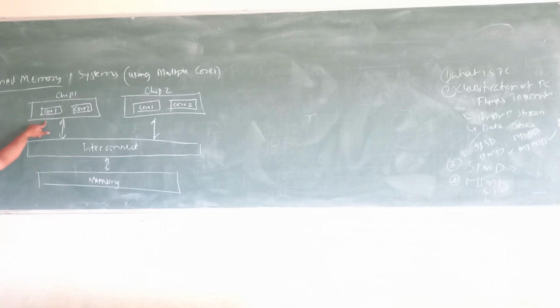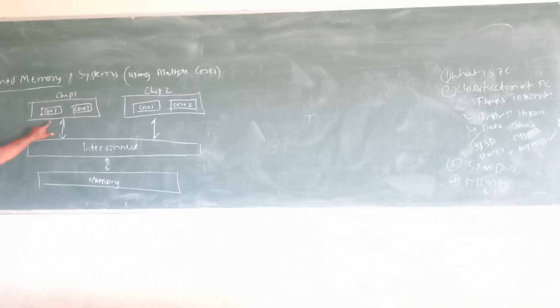Each and every core will have its own private level of cache. These caches cannot be shared with another core. In a single chip we will have multiple cores, meaning more than one core built in a single chip.